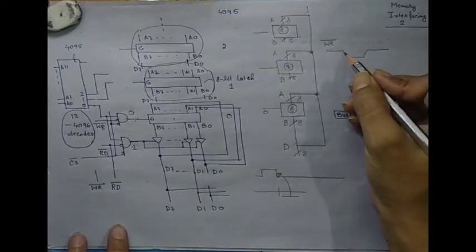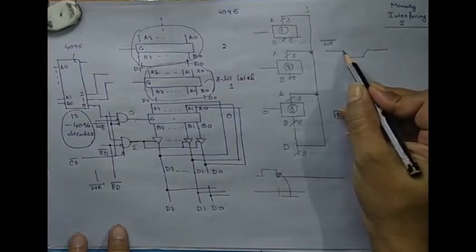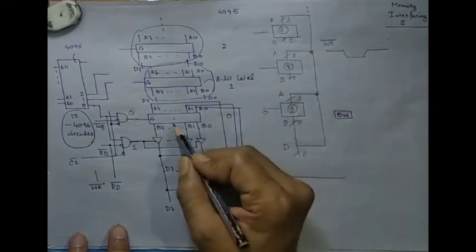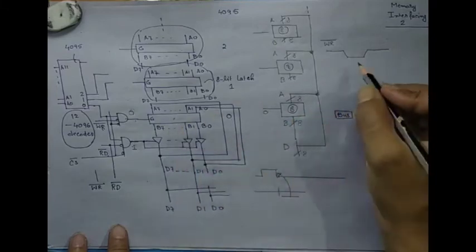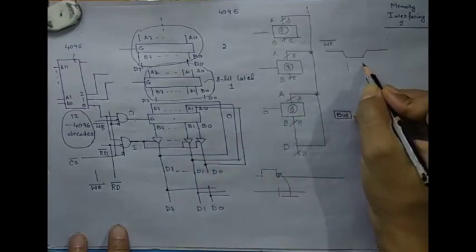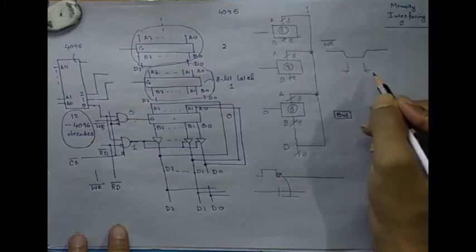So when the write bar signal is asserted by the processor, that means when write bar goes to logic 0, the latch will get its latch enable signal, and this is the time during which the latch will remain transparent.